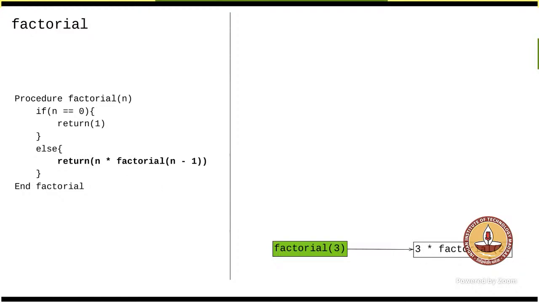So it's 3 into factorial of 2. We are currently in factorial of 3, but we ended up calling factorial of 2. So we have to temporarily suspend the current function or current procedure, and that I signal using a color.